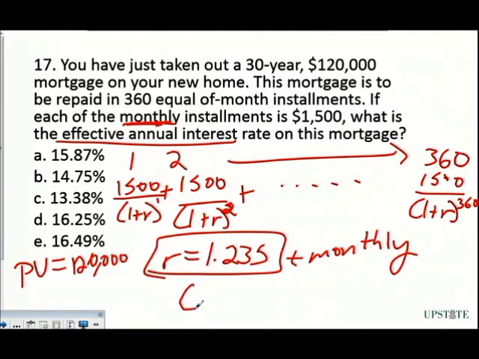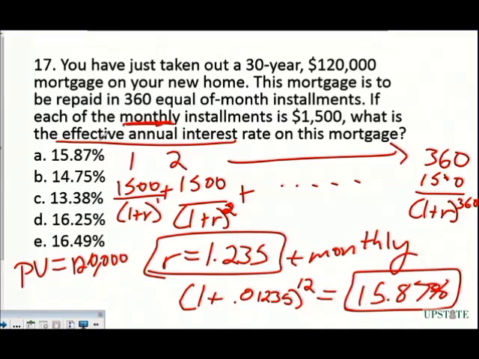Just like we did on the last one, we have 1 plus r raised to the number of periods, so this is 1 plus 0.01235 raised to the 12th power, because we have to see what we end up with at the end of the year if we put something in at this rate. That tells us we end up with an interest rate of 15.87%.